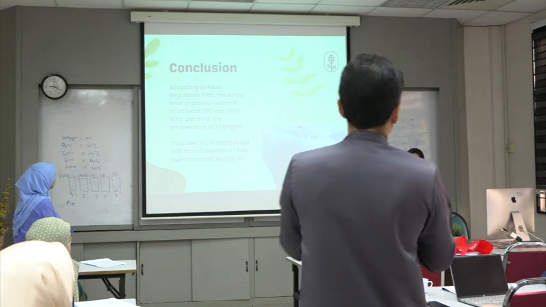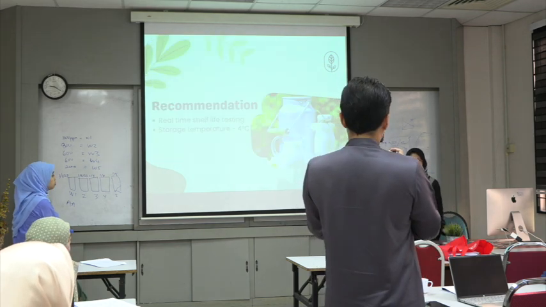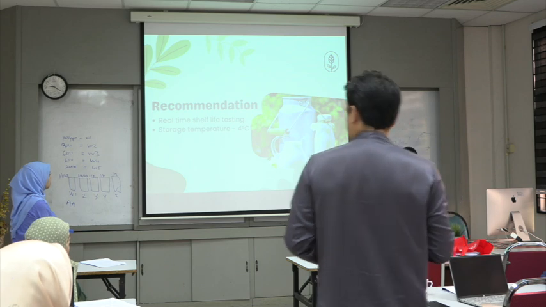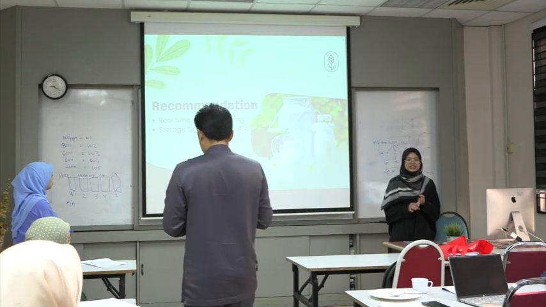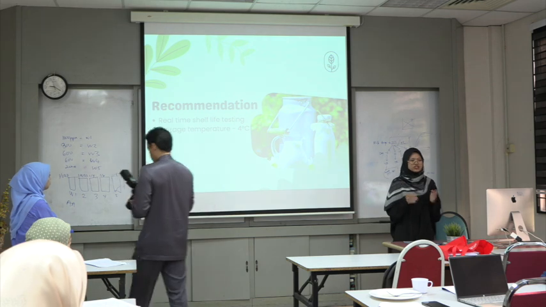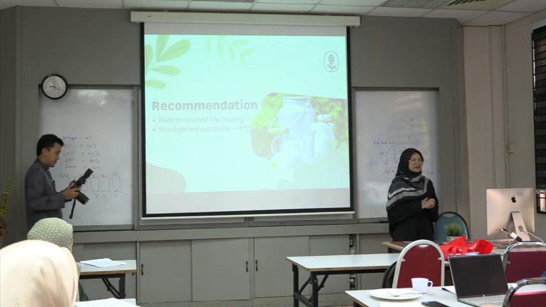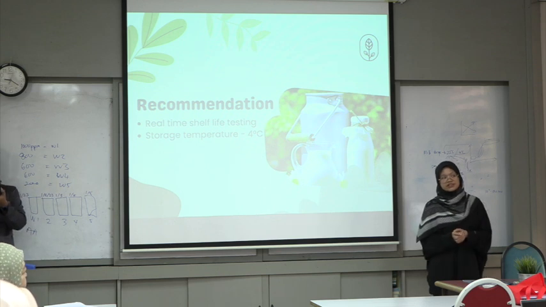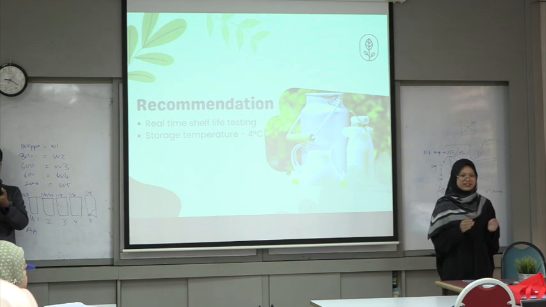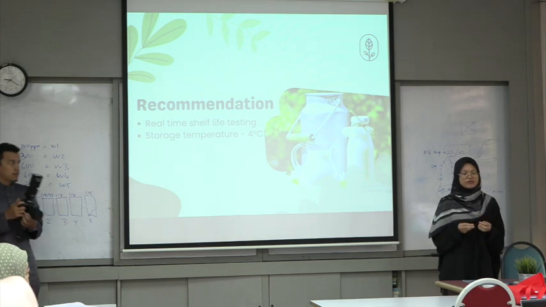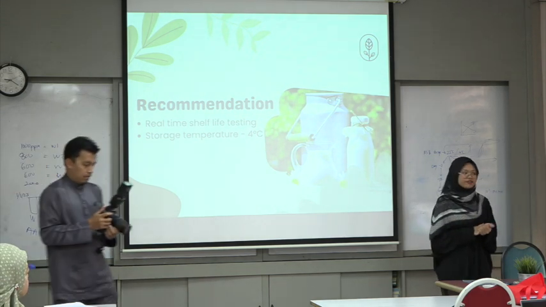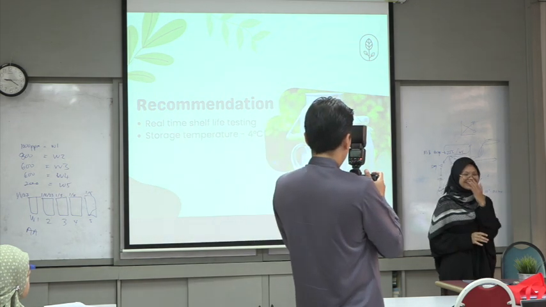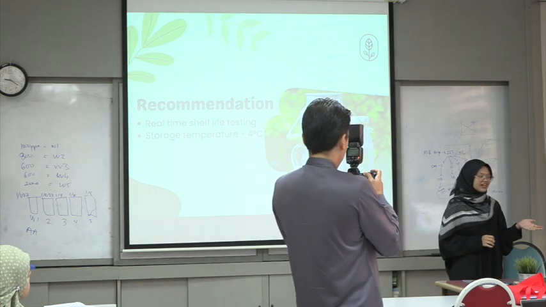However, this finding is not accurate, because for shelf life determination, the food product should be packaged and stored at the temperature intended for sale. For this experiment, they stored the milk at 25 degrees Celsius. For pasteurized milk, we should store it at 4 degrees Celsius. So the shelf life determination is not accurate.